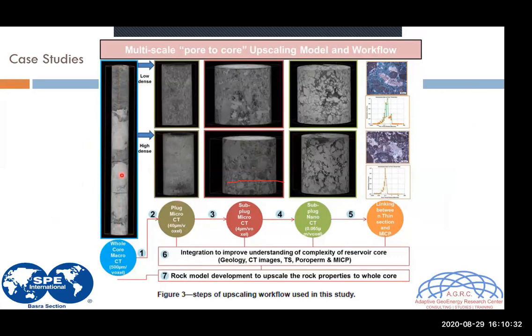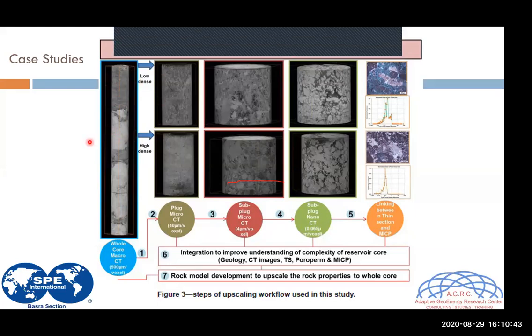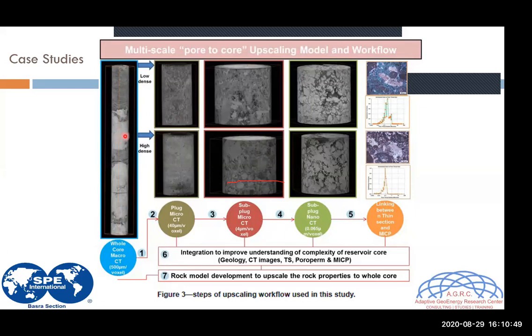Then, based on these images, we can take a look at the results, selecting, for example, these two regions here, what we call low density and high density. It's clear when you look at the CT data to differentiate both. And based on it, you can select the plugs and perform this higher resolution acquisition.